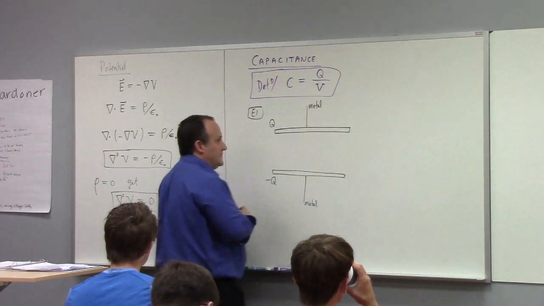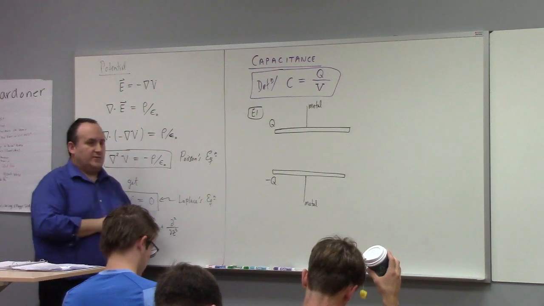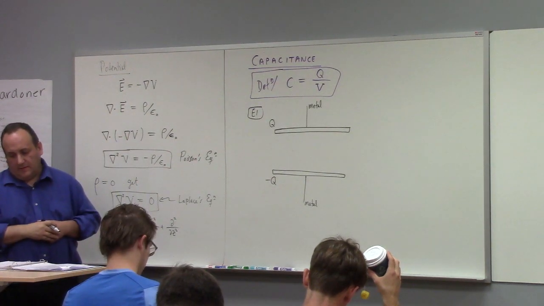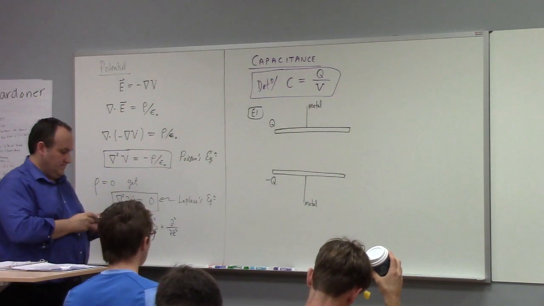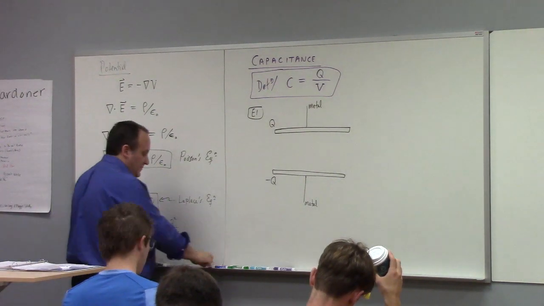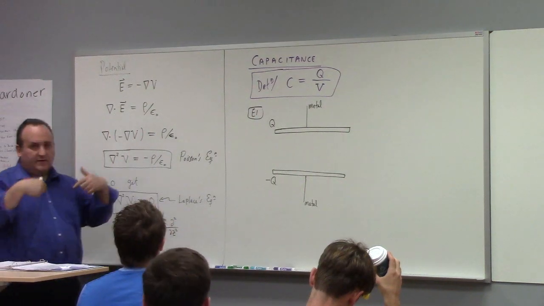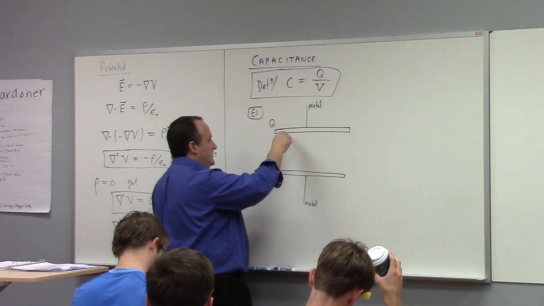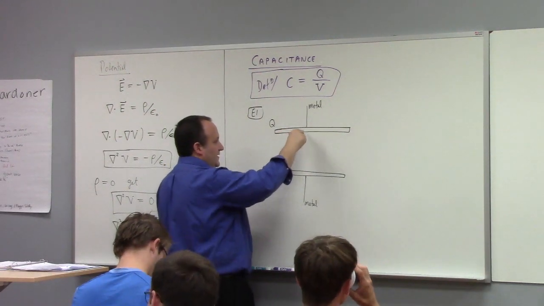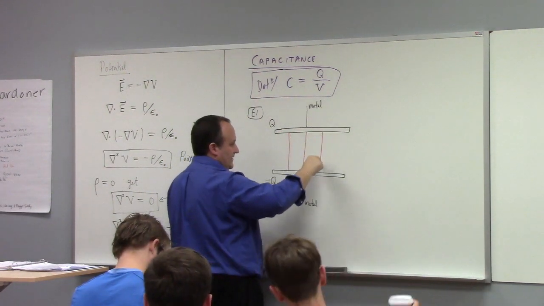These are conductors. Then what's the direction of the electric field between these two? If I was to draw those, how does it go? Electric field lines come out of the positive charge and they go into the negative charge, right? So the electric field lines should look something like this.